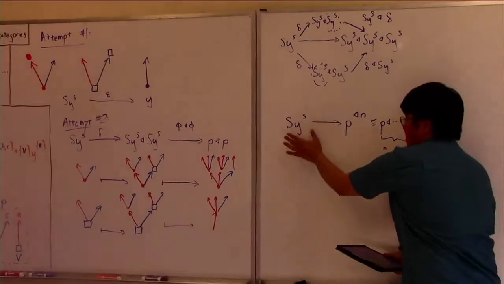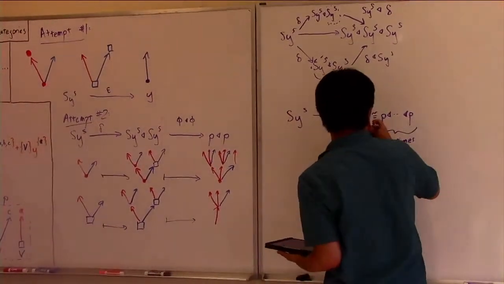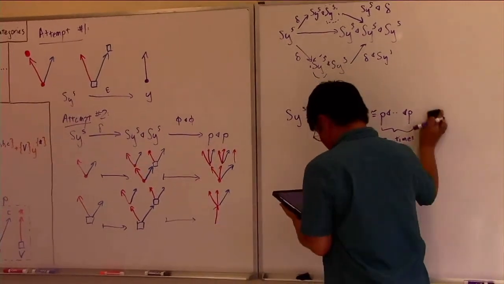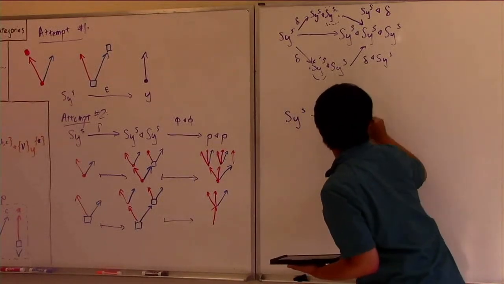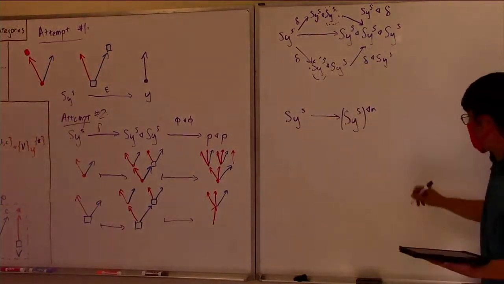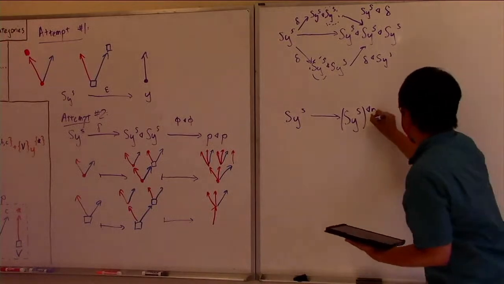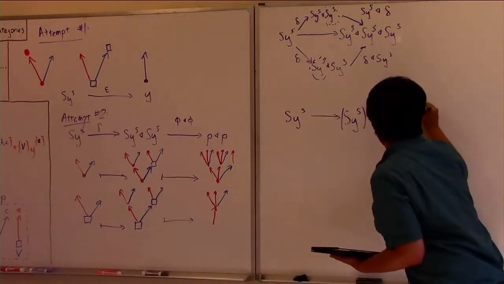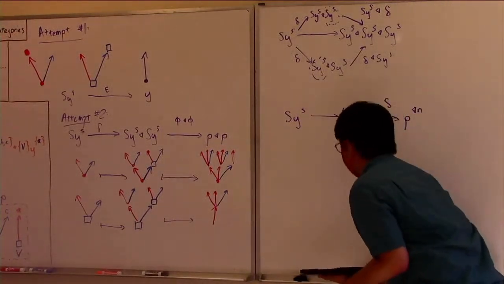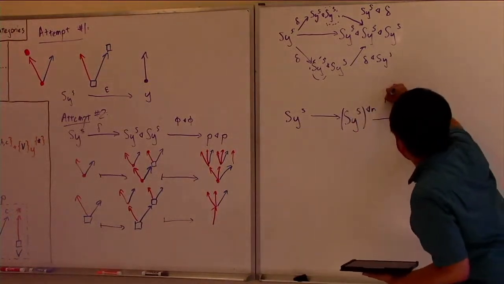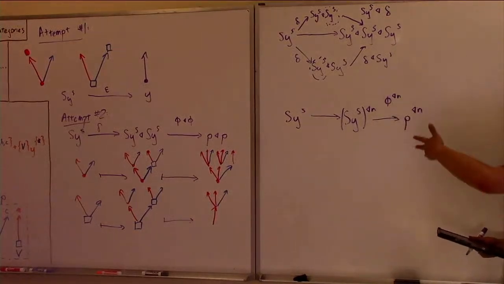And so we can just keep applying delta to sy to the s. Oh, sorry, actually, no. I didn't want to write p here. I wanted to write sy to s here. But still, this is going to be n copies of this. We want to use delta to build up these bigger maps that we can then feed into p composed with itself n times, by composing phi with itself n times.